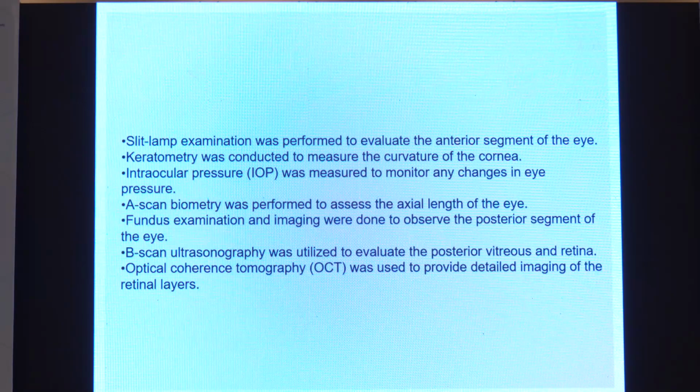Intraocular pressure was measured to monitor any changes in eye pressure. A-scan biometry was performed to assess the axial length of the eye. Fundus examination and imaging were done to observe the posterior segment of the eye. B-scan ultrasonography was utilized to evaluate the posterior vitreous and retina. OCT was used to provide detailed imaging of the retinal layers.